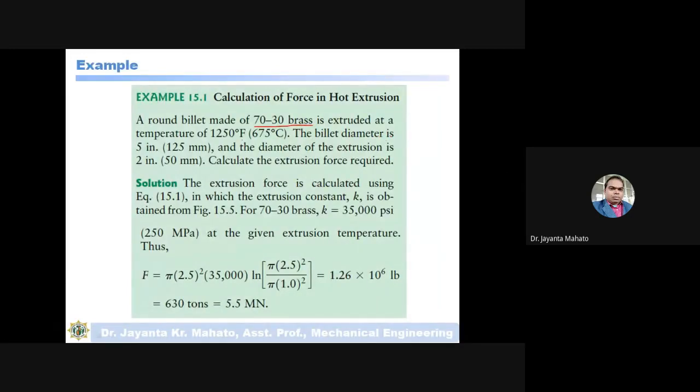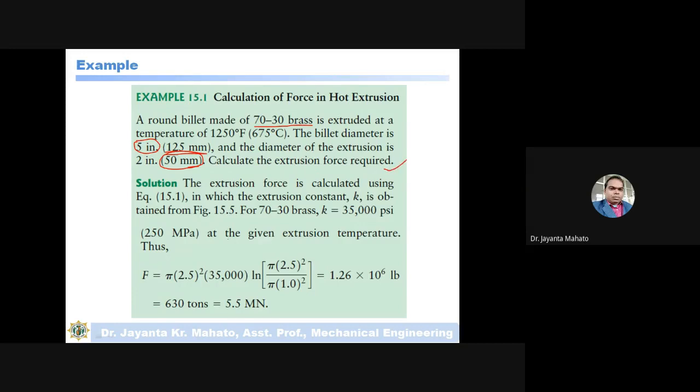The billet diameter is 5 inch, or 125 millimeter, the initial diameter. The diameter of the extrusion is 2 inch, or 50 mm, the final diameter. Then you have to calculate the extrusion force required.